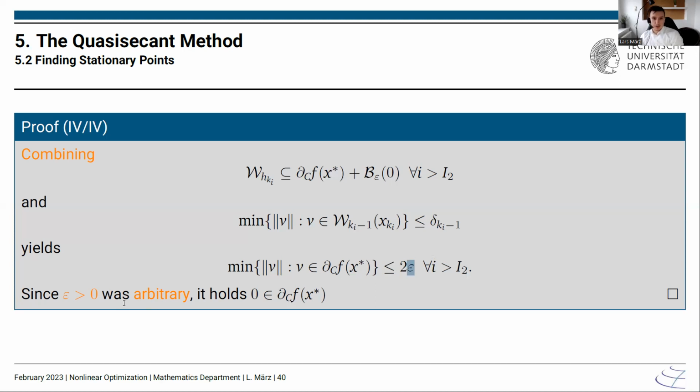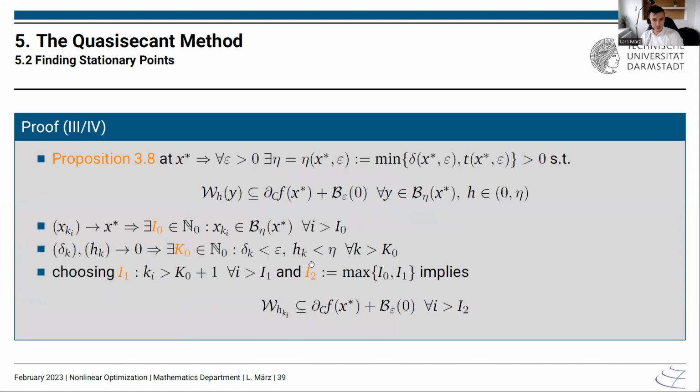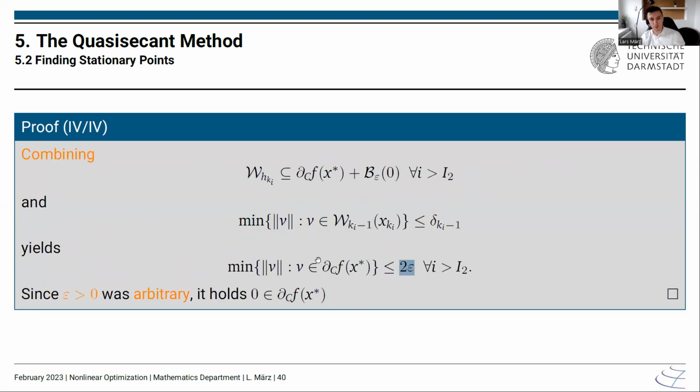Now epsilon was arbitrary, so we know that that's actually a 0 right here if we take epsilons small enough. And therefore 0 must be in the Clarke subdifferential, meaning that this limit point of the subsequence is actually Clarke stationary. Since this subsequence was arbitrary, we know that every convergent subsequence must have a Clarke stationary limit point.